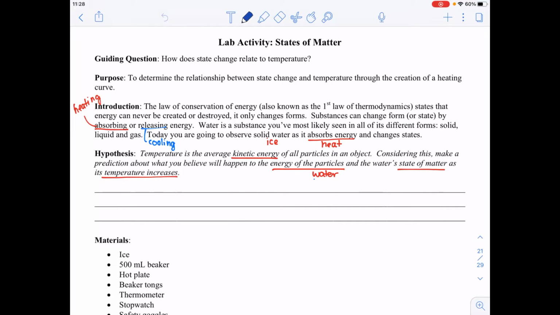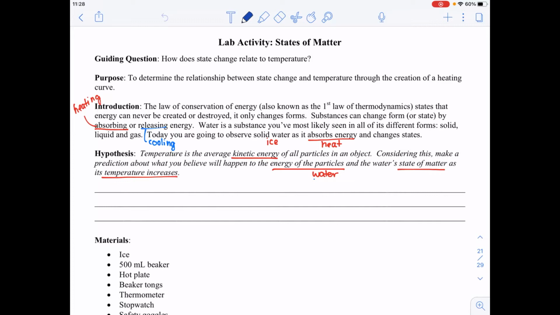In the introduction here, the law of conservation of energy, also known as the first law of thermodynamics, states that energy can never be created or destroyed, it only changes form. This sounds vaguely familiar because we have another law, the law of conservation of mass, that has similar tones, but they're technically two different laws.